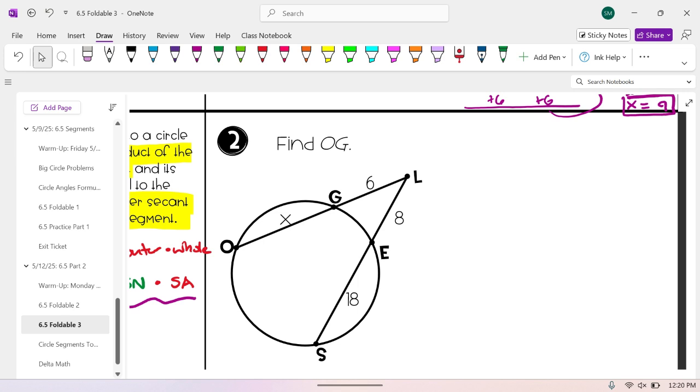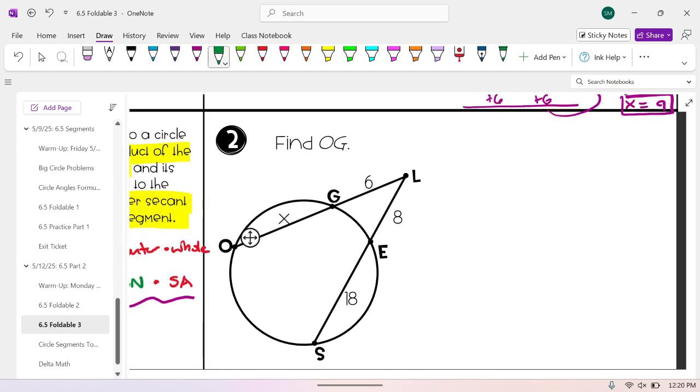All right. So if I'm looking at segment OL, which segment is my outer, and with what length? For segment OL, which part of OL is outside the circle? GL.